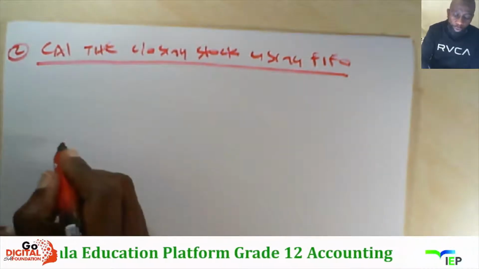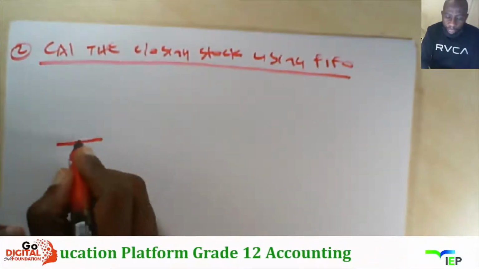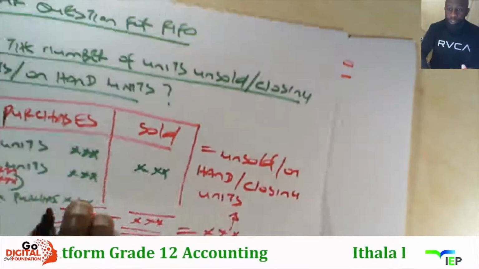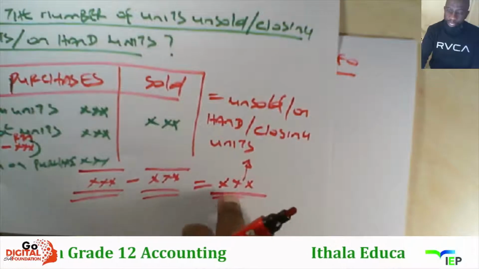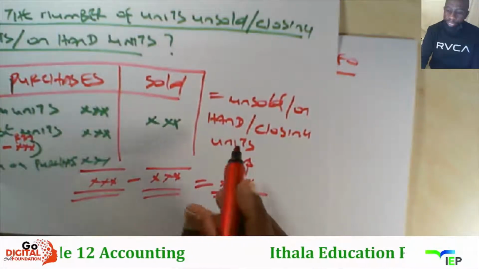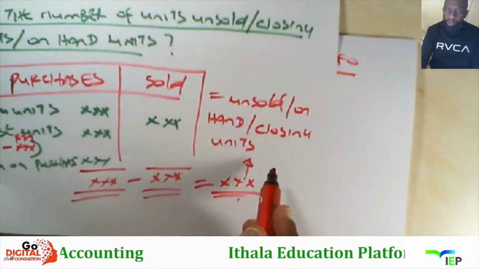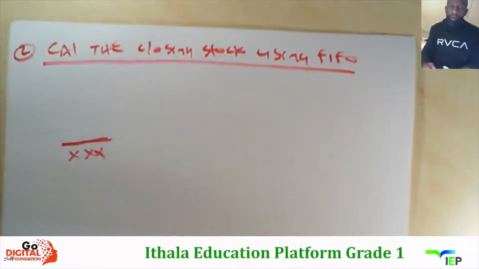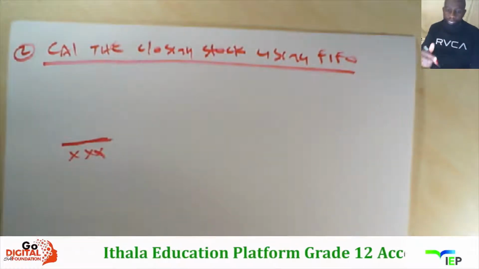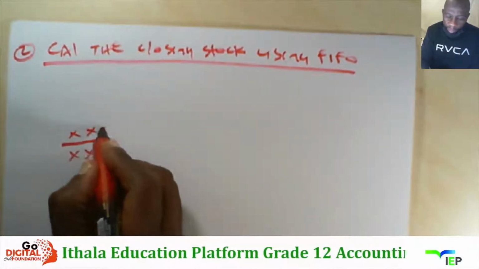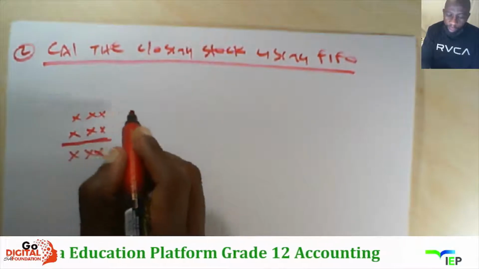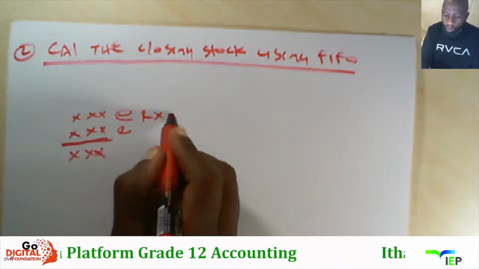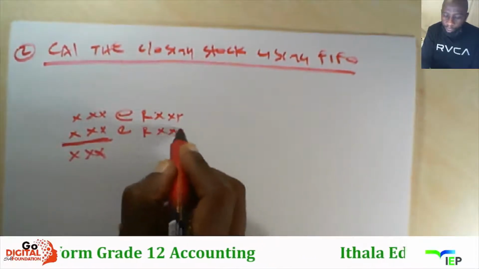What you have to do is start at the end. You must take the unsold units, the answer from the first question, the units unsold, on hand or closing units, and put them here. Then you reverse from the end, and multiply by the unit prices.